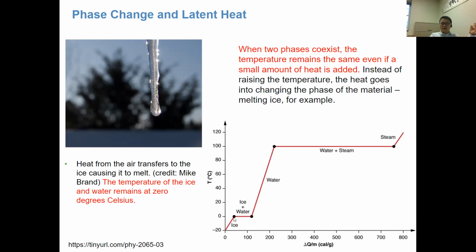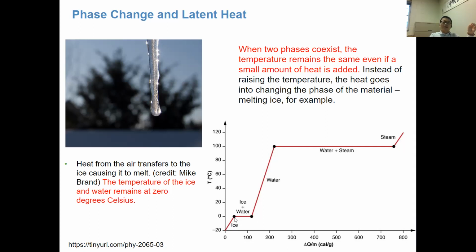Because we know at ambient pressure, 0 degrees, that's the moment when ice is going to start to melt, right? So when it's melting, the temperature actually stays constant. So when you have two phases existing, the temperature remains the same. Okay, so even if you are adding heat to that. So during this process, your heat is increasing in the horizontal direction.